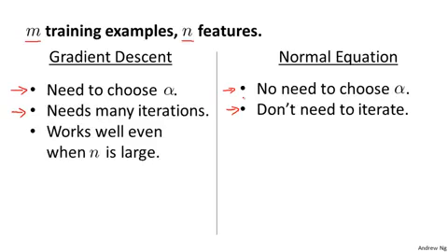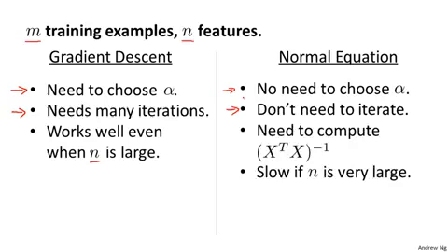Gradient descent works pretty well even when you have a very large number of features. So even if you have millions of features, you can run gradient descent and it'll be reasonably efficient and do something reasonable. In contrast, for the normal equation, in order to solve for the parameters theta, we need to compute this term, X transpose X inverse.